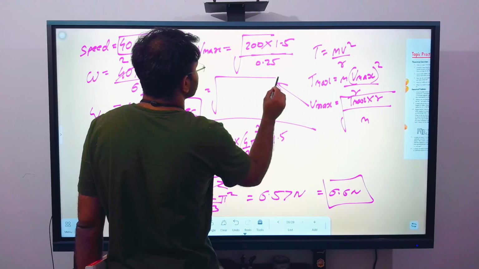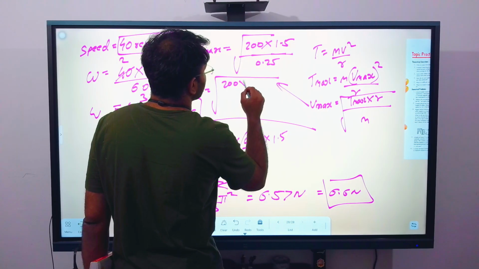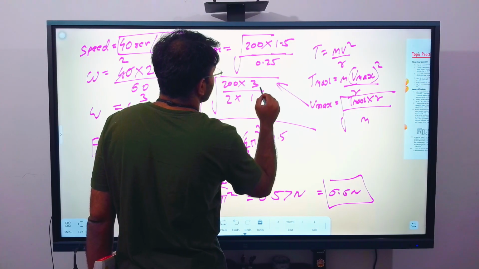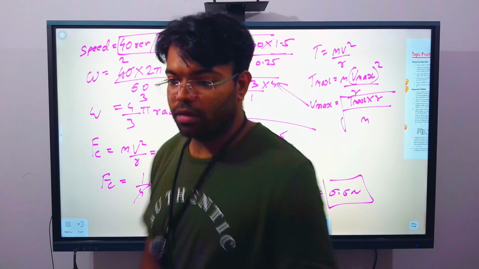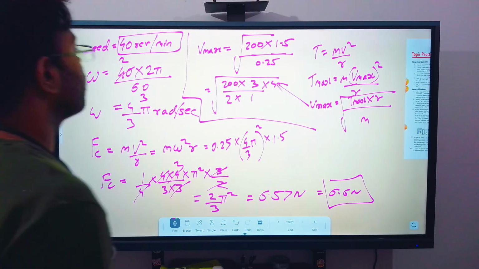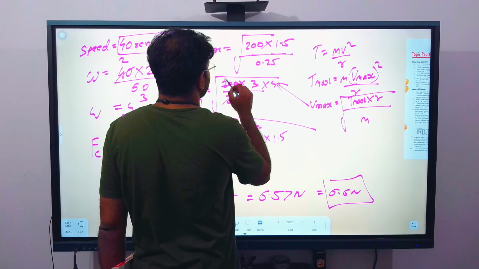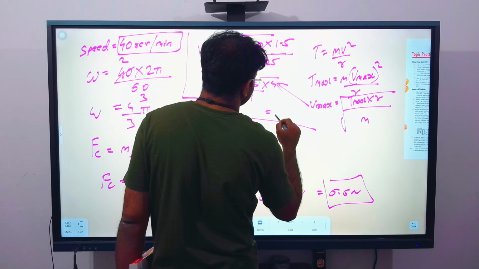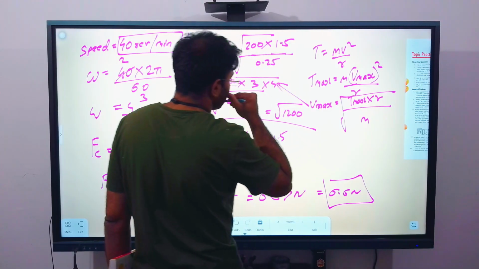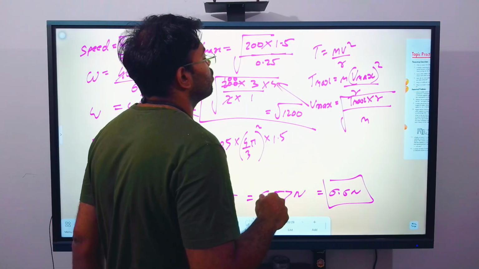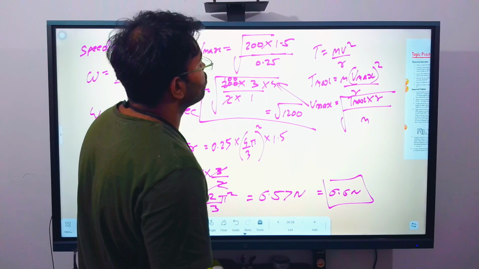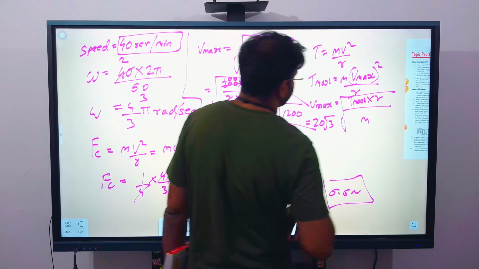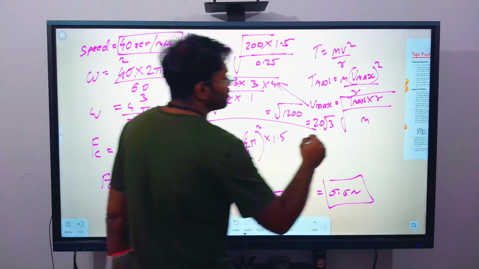Is equal to root under 200 multiplied by 3 upon 2 into 1 multiplied by 4. Okay, so this will become 100, 400, 1200. So basically it is equal to root under 1200. So that is 20 root 3, right? 20 root 3 meters per second.